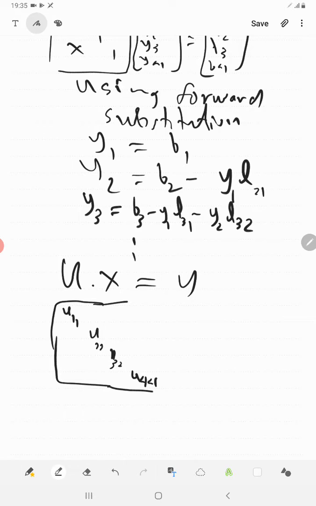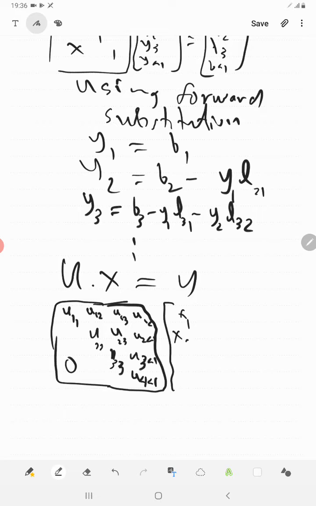And here you have u12, u13, u14, and so on, u23, u24, and u33, u34, and u44. And all here you have 0. Now this times x1, x2, x3, and x4 is equal to y1, y2, y3, and y4.